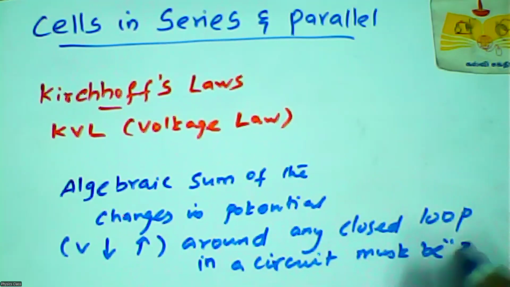Must be 0. Underline that word or you can take the notes. Clear? So this is the voltage rule. Note it down: algebraic sum of the changes in potential, voltage drops or rises around any closed loop in a circuit must be 0. Okay? Right.